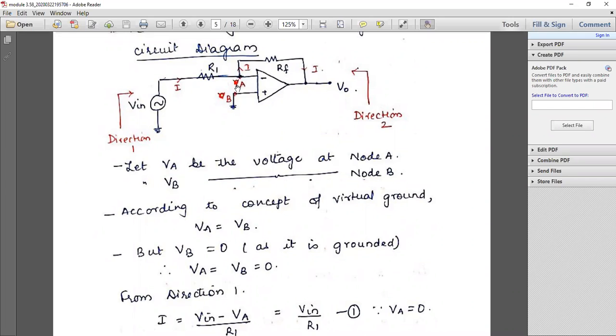The inverting node is labeled A, and the positive node is labeled B. Let VA be the voltage at A and VB the voltage at B. According to the concept of virtual ground, point B is grounded, so the voltage VB is 0. The 0 voltage will also be obtained at VA, that is, the voltage at node A is 0 due to virtual ground.